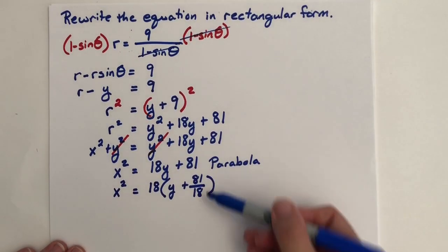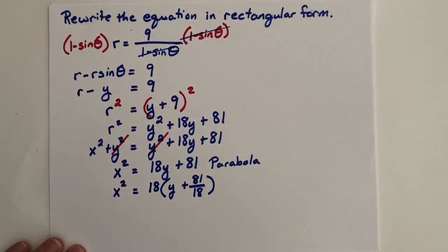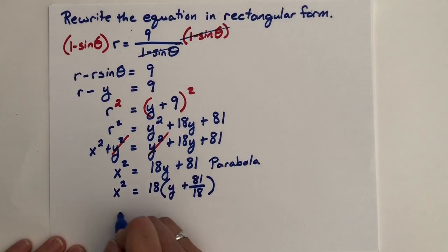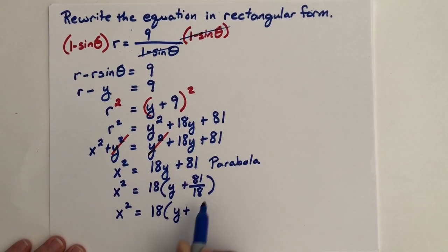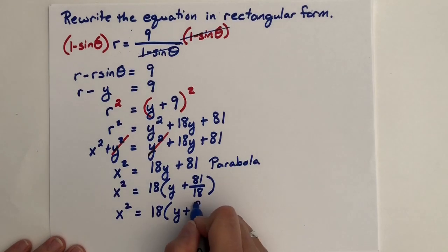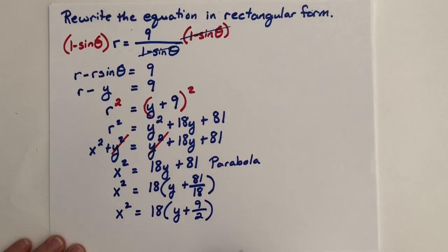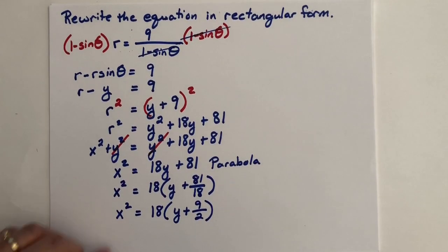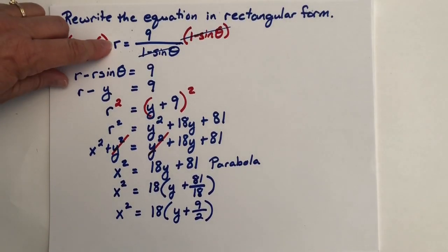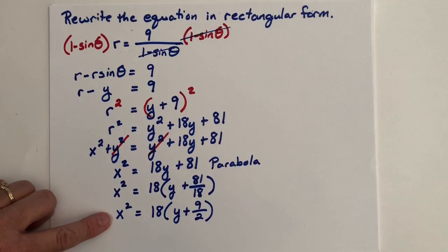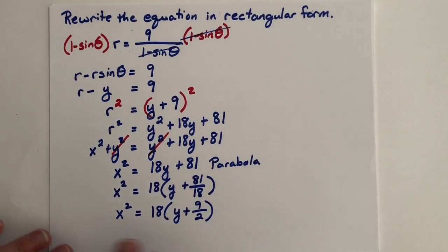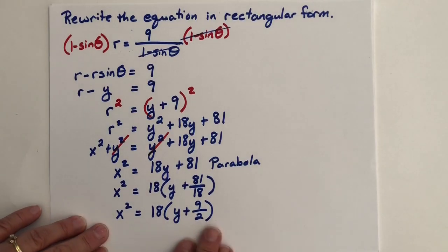But that's reducible, so I would never present that as my answer. So I have x squared equals 18 times y plus, and 9 goes into both of those, 9/2. And now I have this equation in rectangular form. And we even have the rectangular equation in standard form down here.